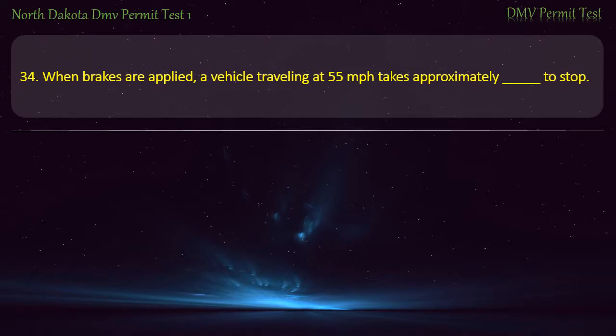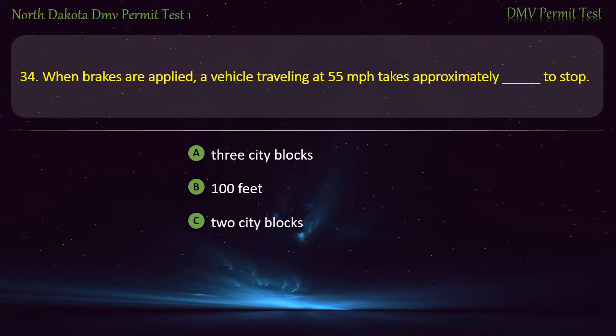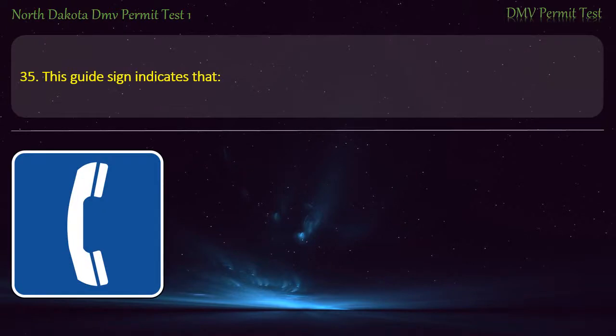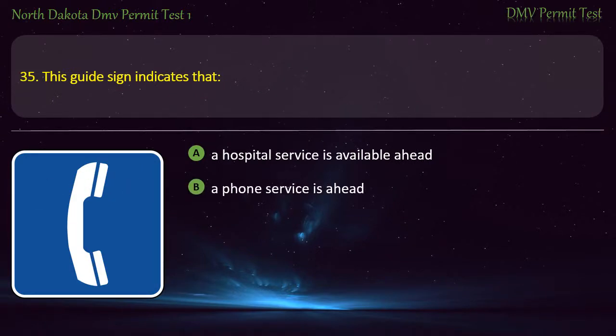Question 34. When brakes are applied, a vehicle traveling at 55 miles per hour takes approximately what distance to stop? 3 city blocks. 100 feet. 2 city blocks. 300 feet. Answer. 300 feet. Question 35. This guide sign indicates that a hospital service is available ahead. A phone service is ahead.